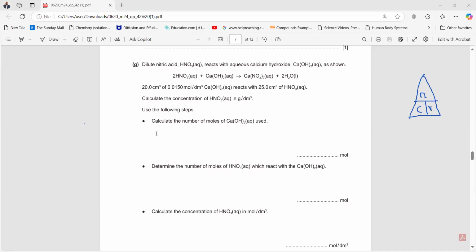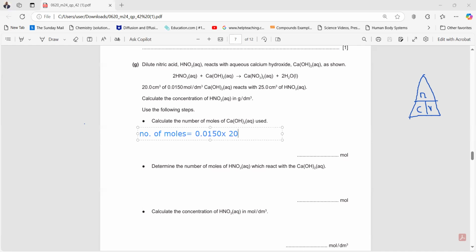So we want to calculate number of moles of calcium hydroxide as indicated in our triangle there. Number of moles would be equal to, we have our concentration, which is given as 0.0150, and then we are going to multiply by the volume that we are given.